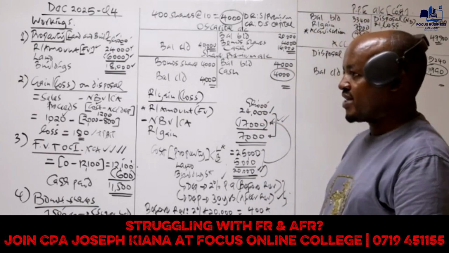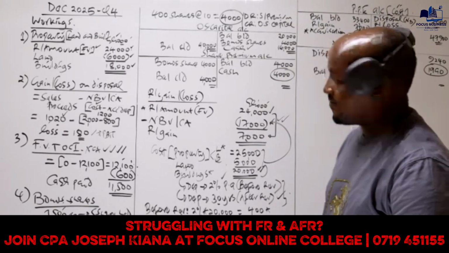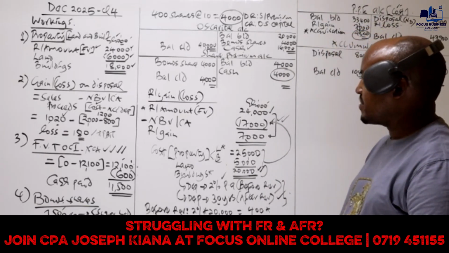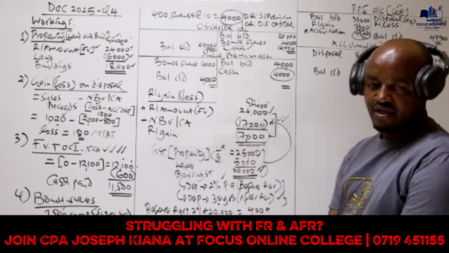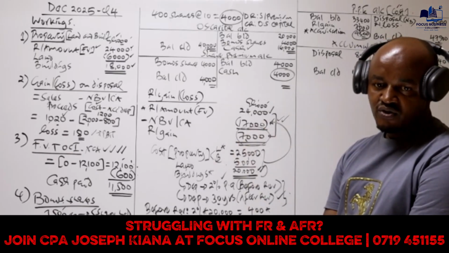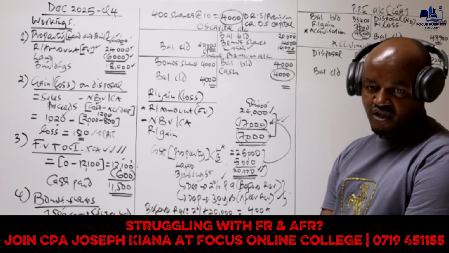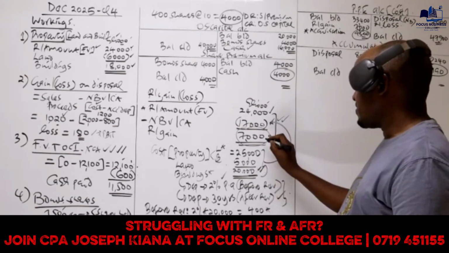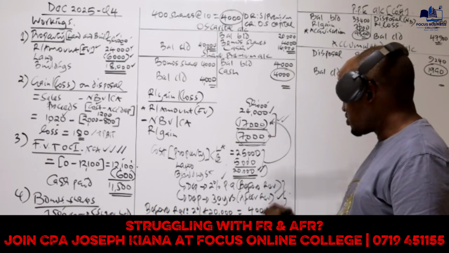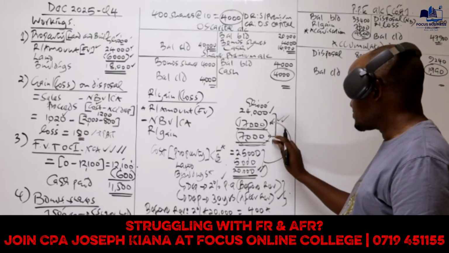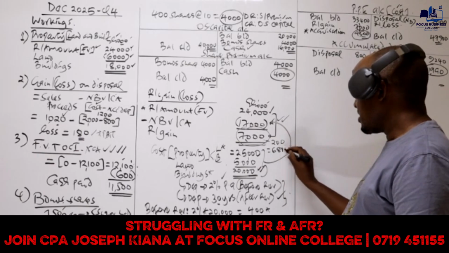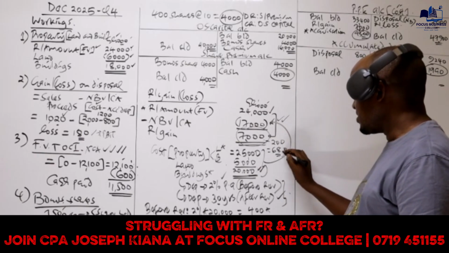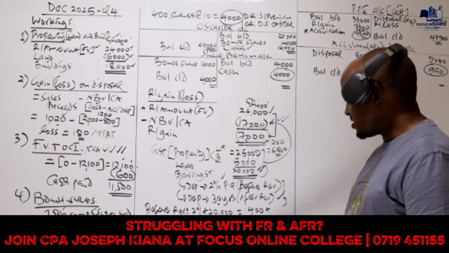The revaluation reserve arises from the revaluation gain. Can you remember the revaluation gain? The revaluation gain was 700. But the amount transferred to the revaluation reserve account is 68 instead of this one. So the excess depreciation is deducted from this revaluation gain.